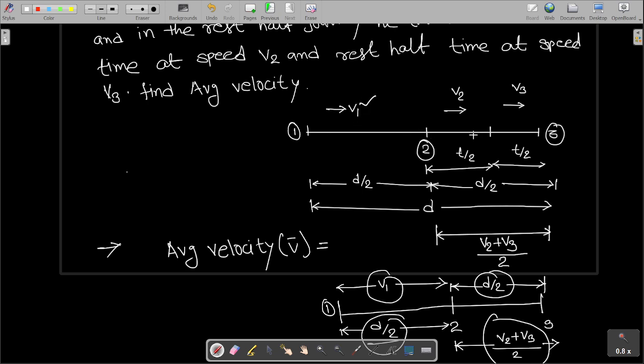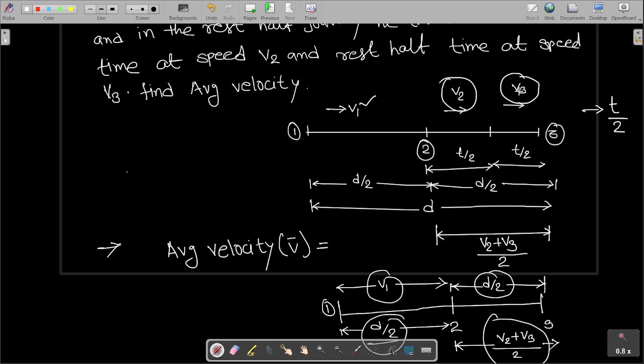Suppose from 1 to 2 the person travels with velocity v1, and for the another part, from point 2 to point 3, let us suppose it took time t to travel from 2 to 3. After point 2, the person travels half of the time, that is t by 2, with velocity v2, and half of the time, that is t by 2, with velocity v3.